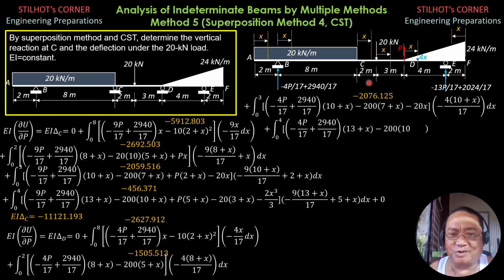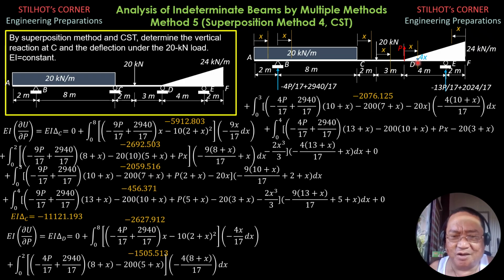Then here in this section, the integral from 0 to 4 of quantity negative 4P over 17 plus 2940 over 17 times quantity 13 plus x, then minus 200 times 10 plus x, minus 20 times 3 plus x, then plus P times x, then minus the moment of this load, 1/2 of x, 4x, x over 3, which is negative 2x cubed over 3.